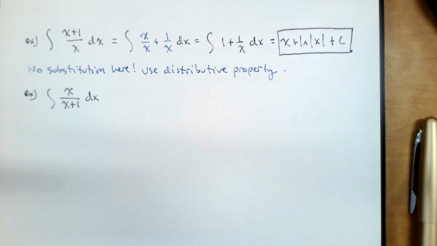There's no x squared, derivative is x, or x cubed, derivative is x squared, or x to the fourth plus 1, derivative is x cubed. There's no obvious substitution, but it's also not a distributive property. That's not how the distributive property works. 2 plus 3 over 5 is 2 over 5 plus 3 over 5. But 5 over 2 plus 3 is definitely not 5 over 2 plus 5 over 3.